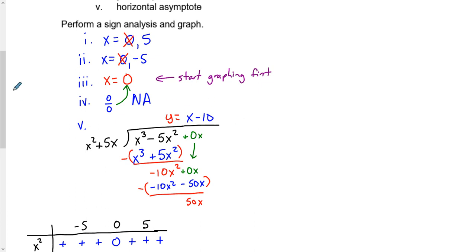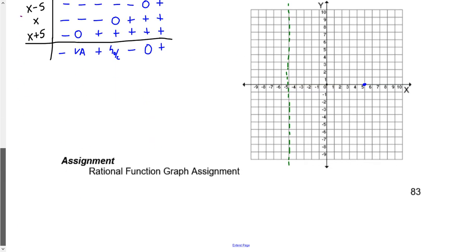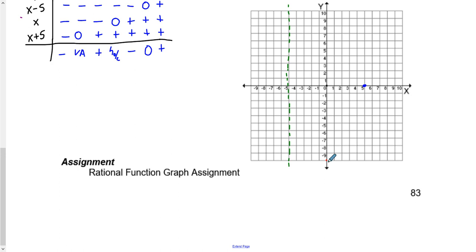Horizontal asymptote is y equals x subtract 10, which means it's a y-intercept of 10 and a slope of 1 over 1. Now these graphs do continue on indefinitely.